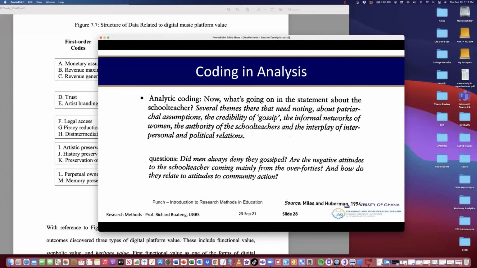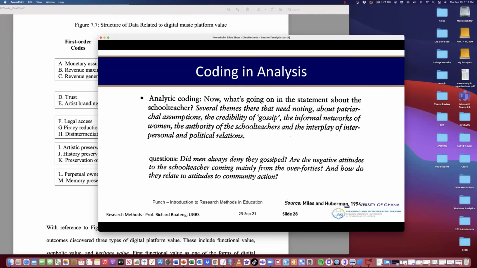Maybe we can give an example. An example of what? Looking at the thesis we have displayed, we have certain first order codings that are leading to a construct. And I want to know if those constructs are defined in theory.